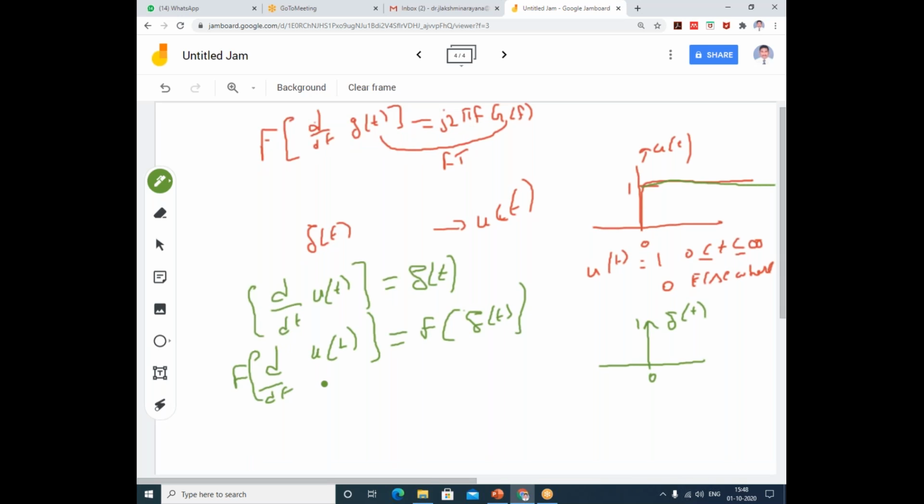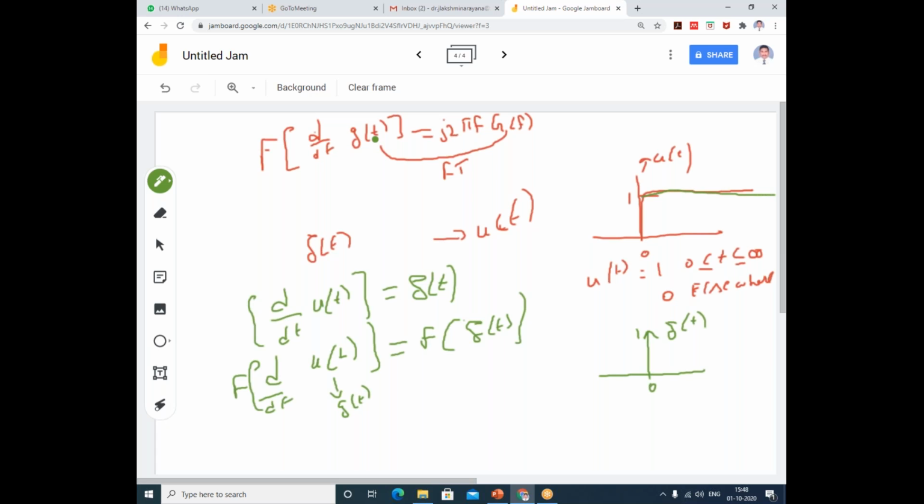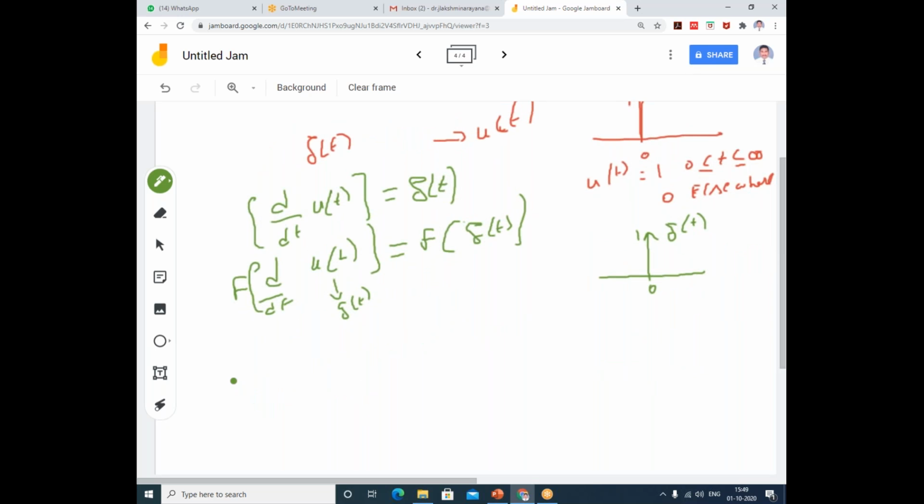First, you should find the Fourier transform of u of t. I can treat it as g of t. According to the property, the Fourier transform of d by dt of g of t I can write as j2 pi f into G of f. So first I need to find the Fourier transform of u of t.